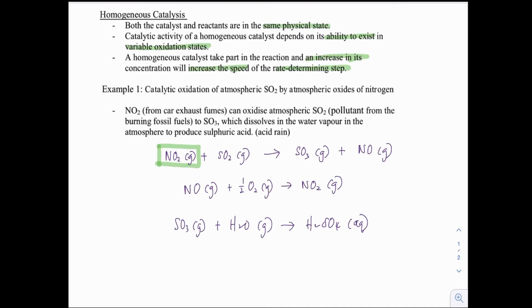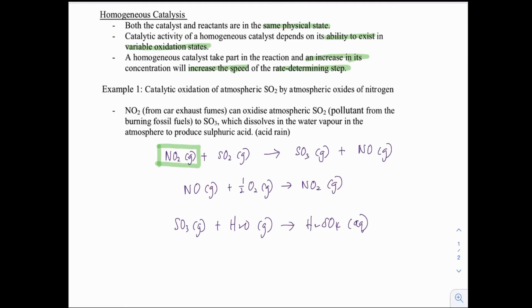If you take a look at this step 2, this NO gas is forming NO2 gas. So this is the catalyst, right? Now this is a catalyst, and this catalyst is regenerating in step 2.